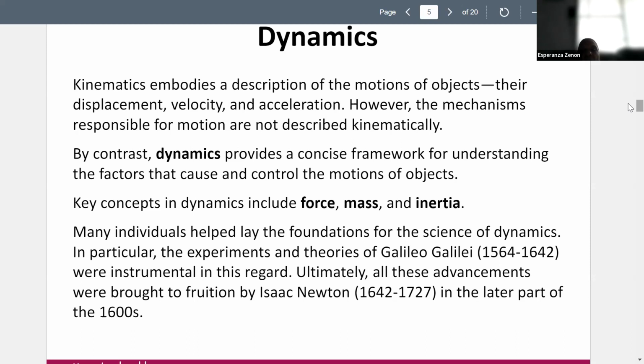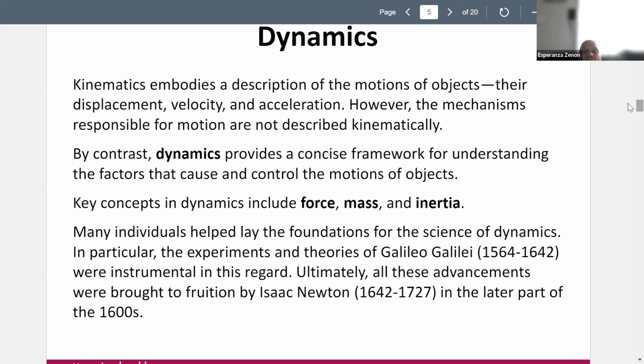And so we're adding another layer of complexity, right? So we're not abandoning velocity, acceleration, so on and so forth. We're just adding force, mass, inertia to the kinds of things that we can use to describe a moving object.